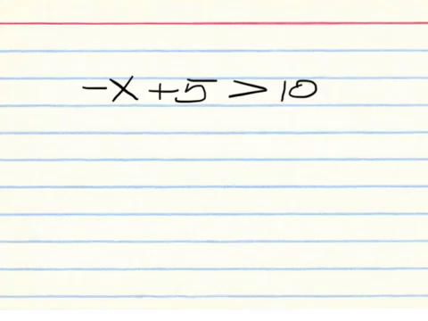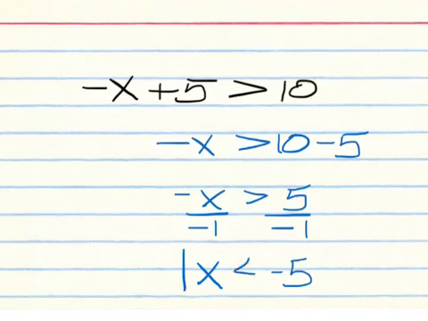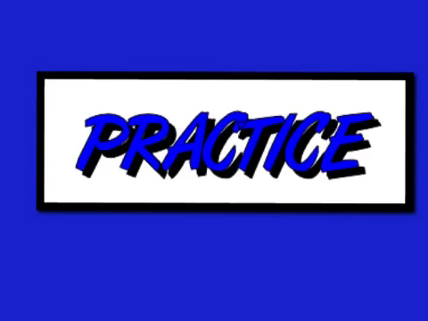Keep your negative x on the left and your 10 on the right. Move the plus 5 over, make it minus 5. That would simplify to 5 and divide both sides by negative 1, and then flip the inequality sign. X less than negative 5.